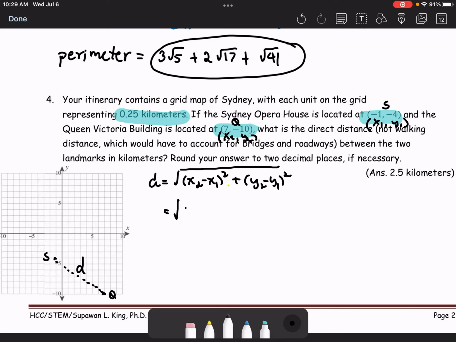It's going to be 7 minus -1 quantity squared plus -10 minus -4 quantity squared.